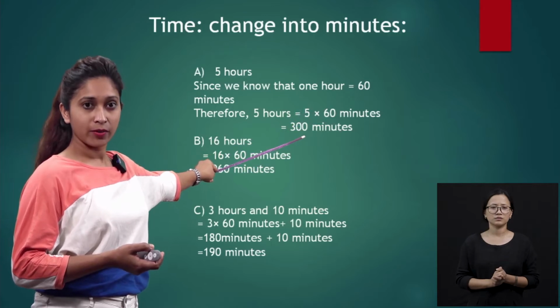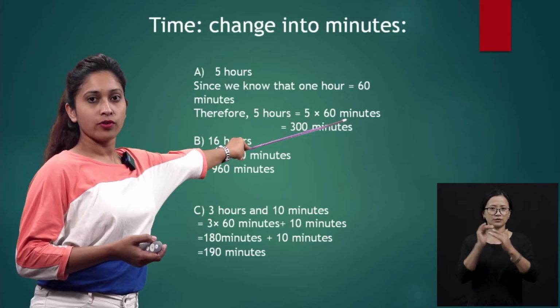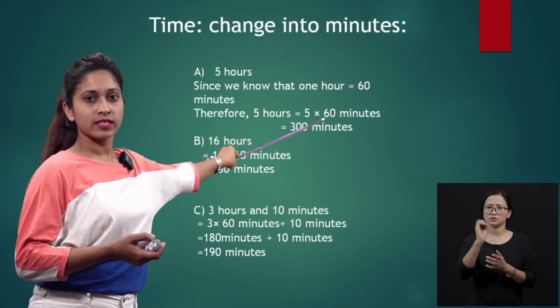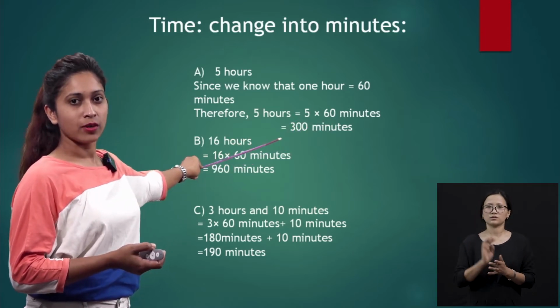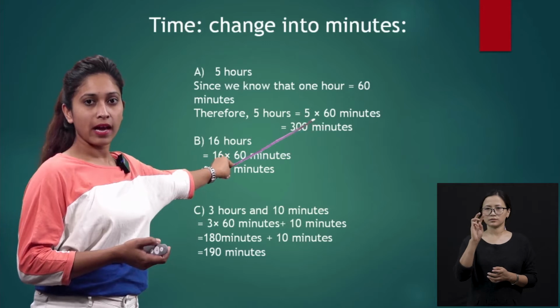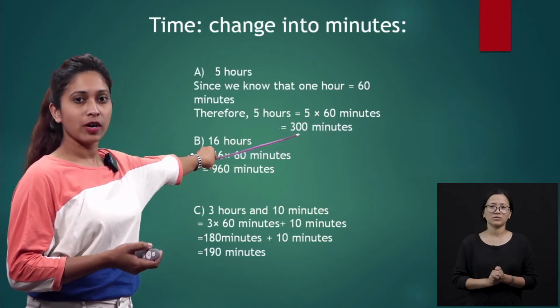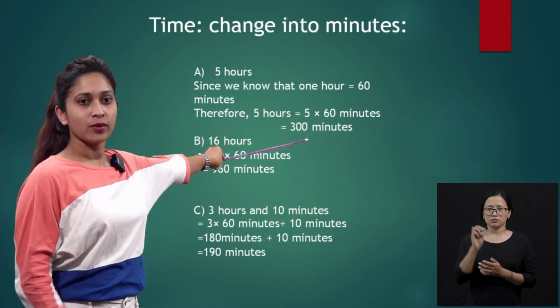You'll get 300. Because 5 into 0 is 0, and then 5 into 6 is 30. So the answer is 300 minutes.